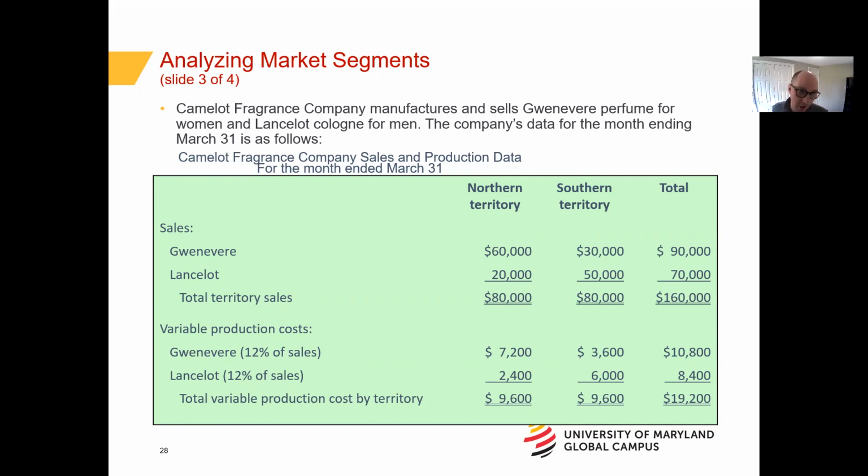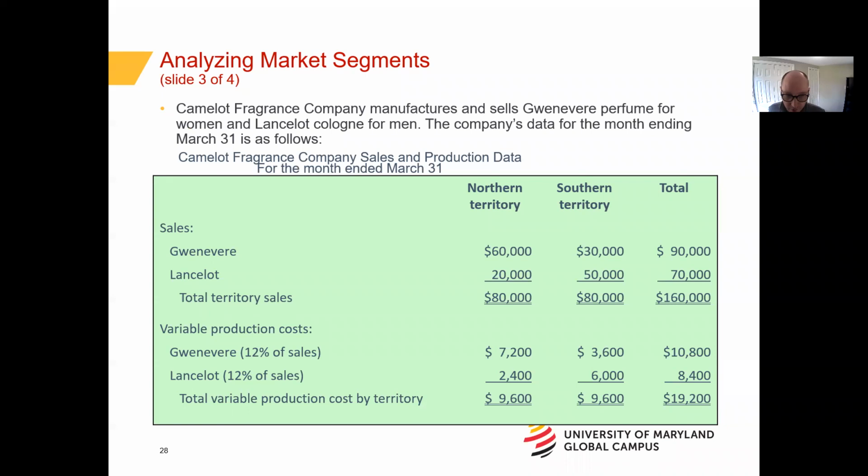So we can see Northern Territory, 80,000 sales, 80,000 for the Southern, that's 160,000 total. We can see variable production cost by territory, 9,600 for Northern, 9,600 for Southern, 19,200 total.